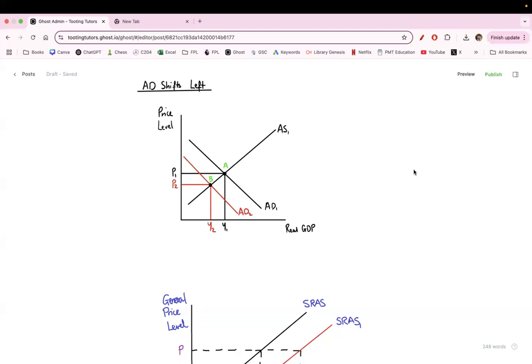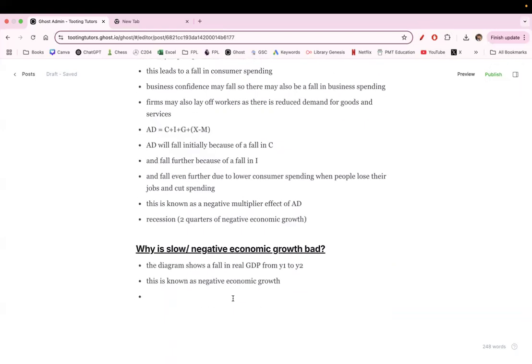So, what is real GDP defined as? Well, sort of how much people spend. Yeah. So it's the total value of goods and services produced in the economy, right? So there's a fall in the total value.